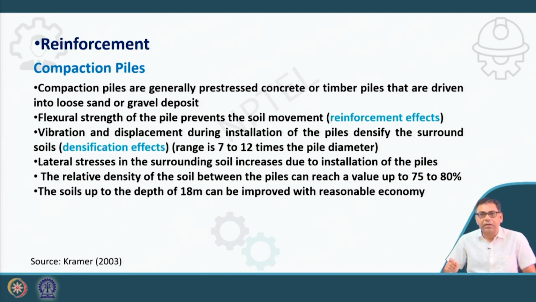So, the soil in between the piles can be densified up to 75 to 80%. Okay. So, the relative density of the soil in between can reach a value of 75 to 80%. The soils up to the depth of 18 meters can be improved with reasonable economy.